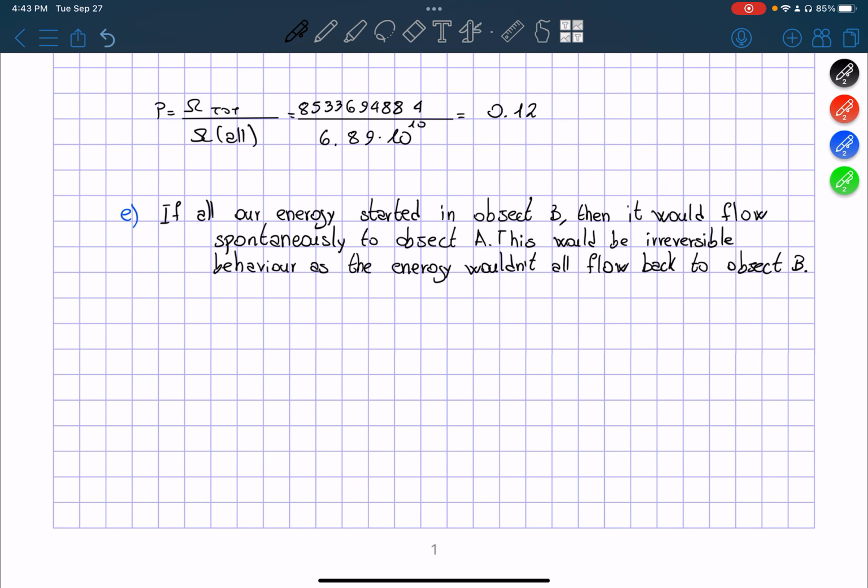So if all the energy was in object A, it would go to object B, and we just switch A and B pretty much.